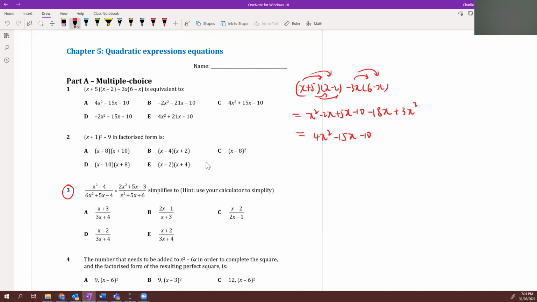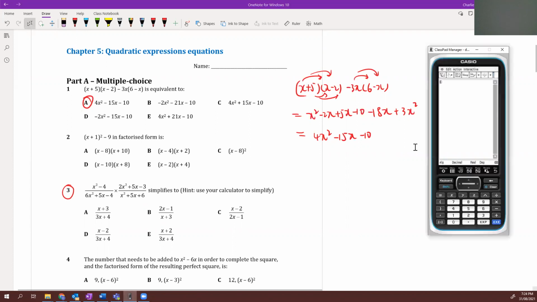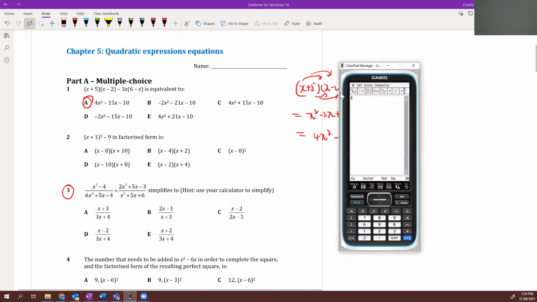Okay, so check your answer. Now do it by using your calculator. By using your calculator, we type exactly what it is: bracket x plus 5 bracket x minus 2 close bracket, minus 3x bracket 6 minus x.